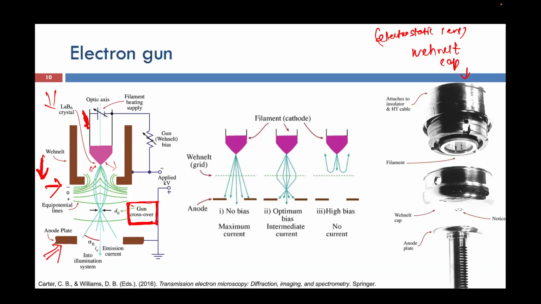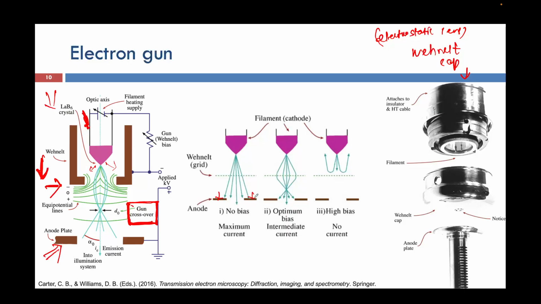And what will happen if we do not provide the Wehnelt cap? Here there are three scenarios. In the first scenario, if we are not providing any bias, that means no negative charge to the Wehnelt cap, then some of the electrons will hit the anode at this point.